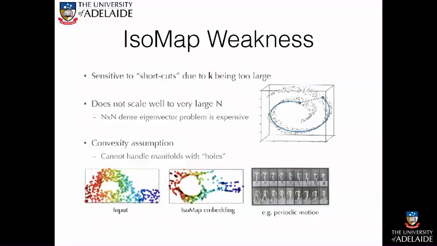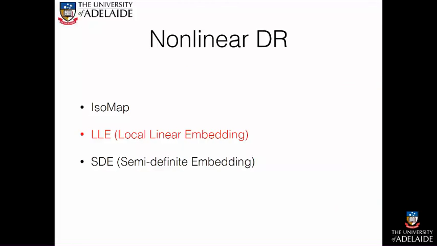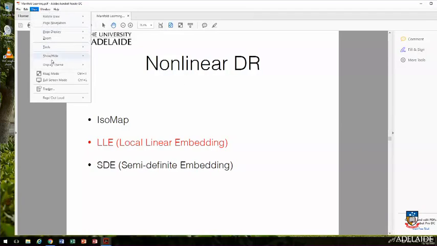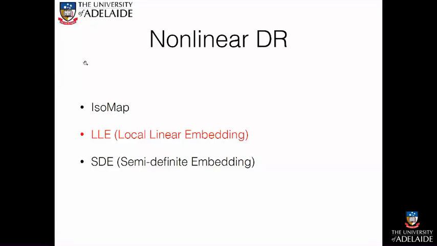I'll just skip that. The second nonlinear manifold learning method is LLE, local linear embedding. It's another method, an alternative to Isomap.